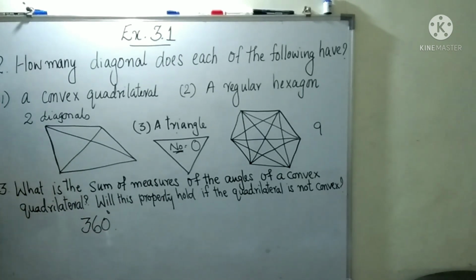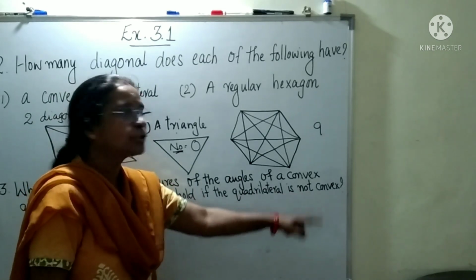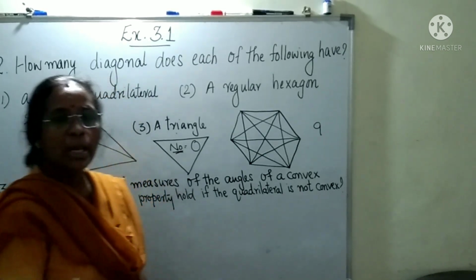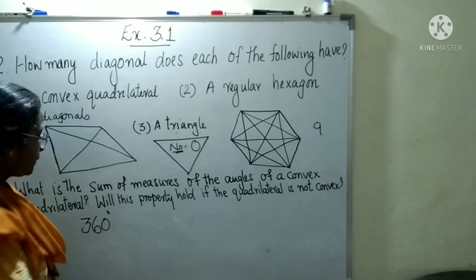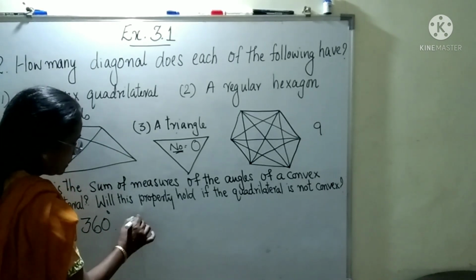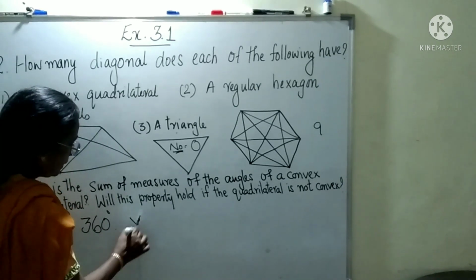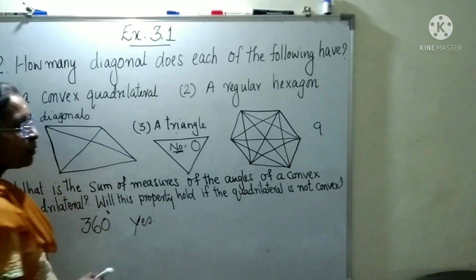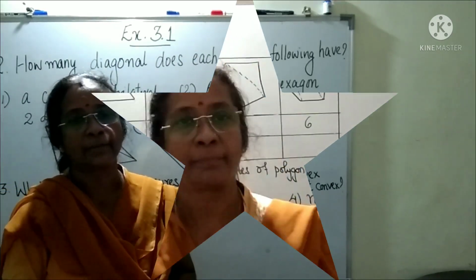Now the next question is, will this property hold if the quadrilateral is not convex? Any quadrilateral, the property will remain same. So yes, it will hold even for concave quadrilateral.